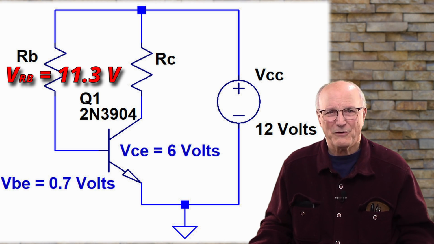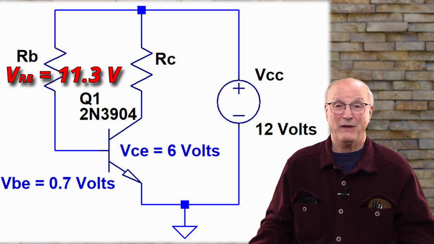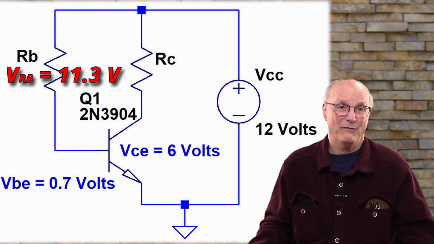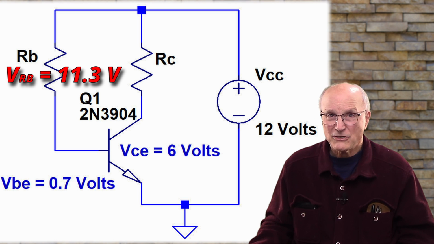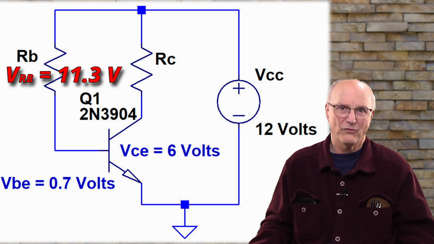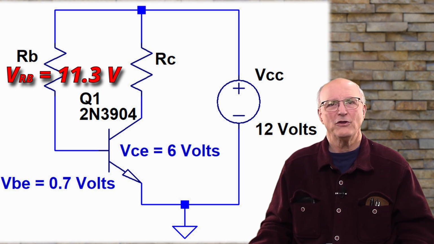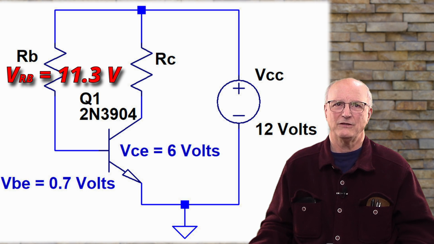Now, this looks pretty familiar. The voltage across the base resistor actually hasn't changed from before. But what has changed is the current through the base resistor, because the value of the base resistor has changed.